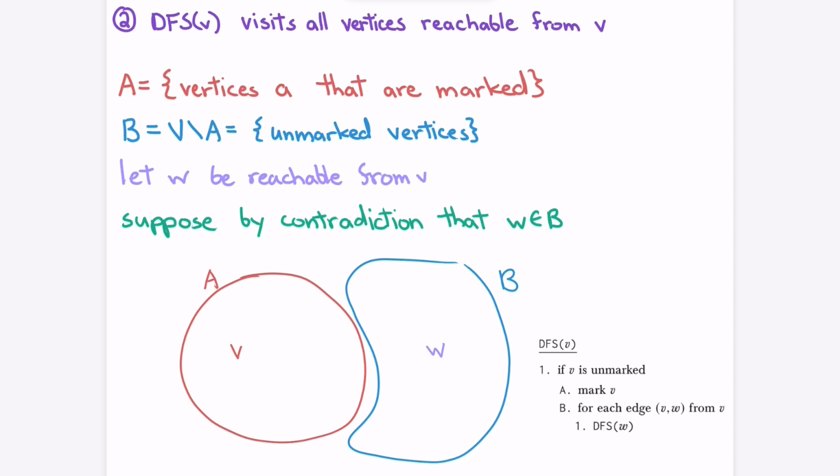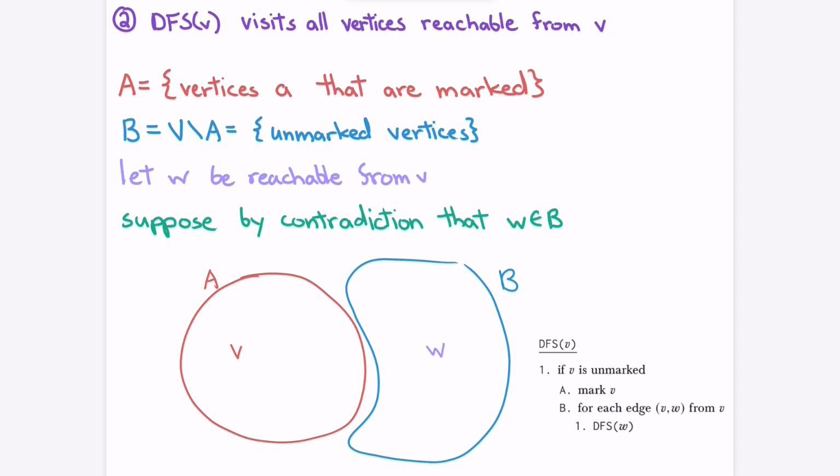Now what I'm going to do is take all the vertices and split them into two sets. A is the vertices that are marked by the algorithm, just after you look and some were marked. And then B is everything that's not marked. I want to show that A is the same as the reachable set, but we haven't established that yet.